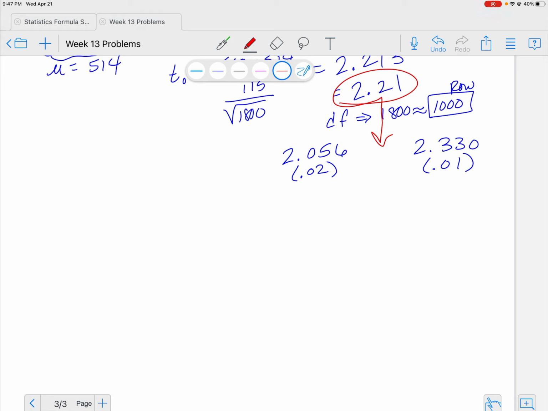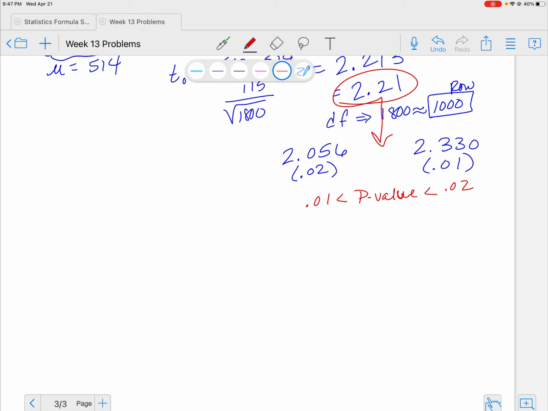If you have a problem where you need an exact p-value, you have to use StatCrunch. If you have a problem where you're looking at the approximation, like in this situation, where my p-value goes between 0.01 and 0.02, so I'm just looking for that approximation.